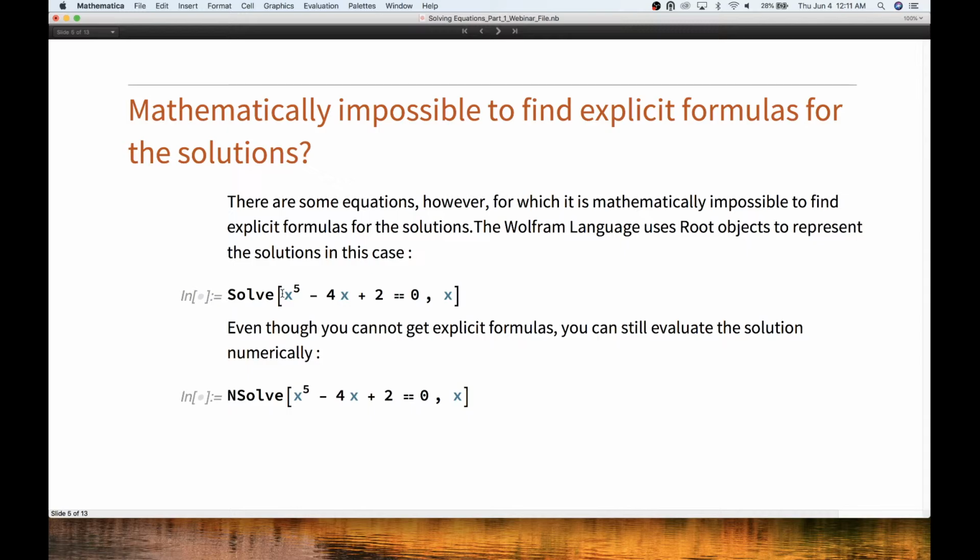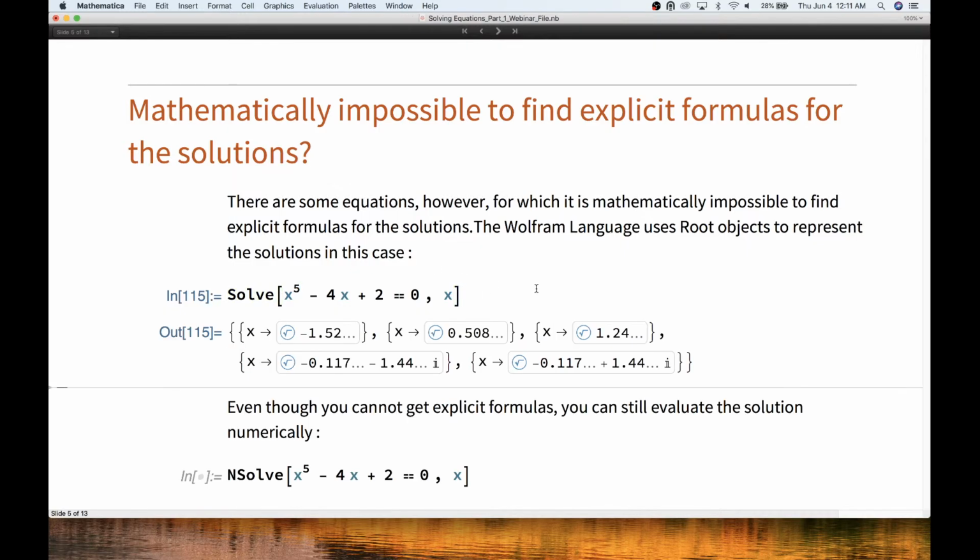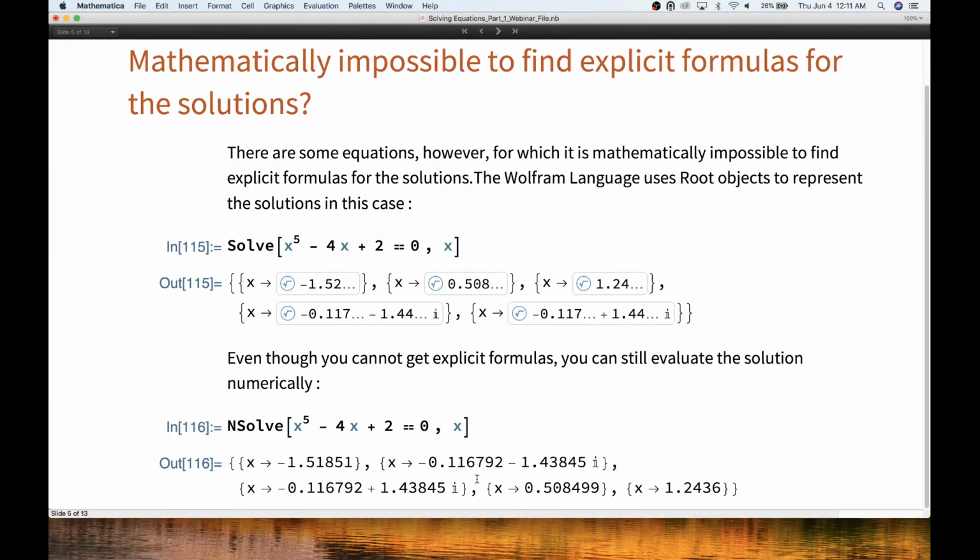For example, x raised to power 5: when we solve it, Wolfram language uses Root objects to represent the solutions. Even though you cannot get explicit formulas, you can still evaluate the solution numerically. A much faster way is to use the NSolve function, and it will give us the numerical result of this.